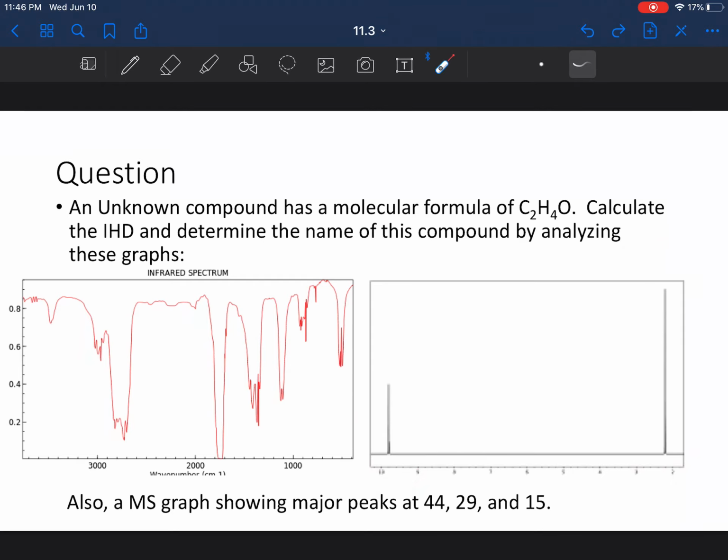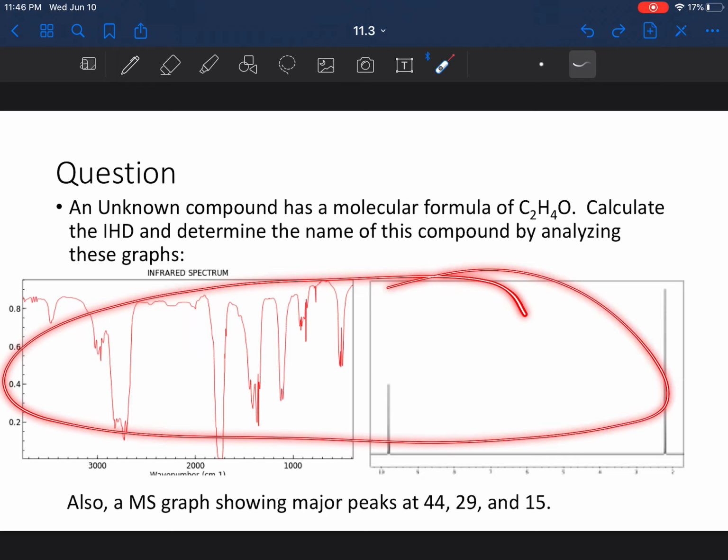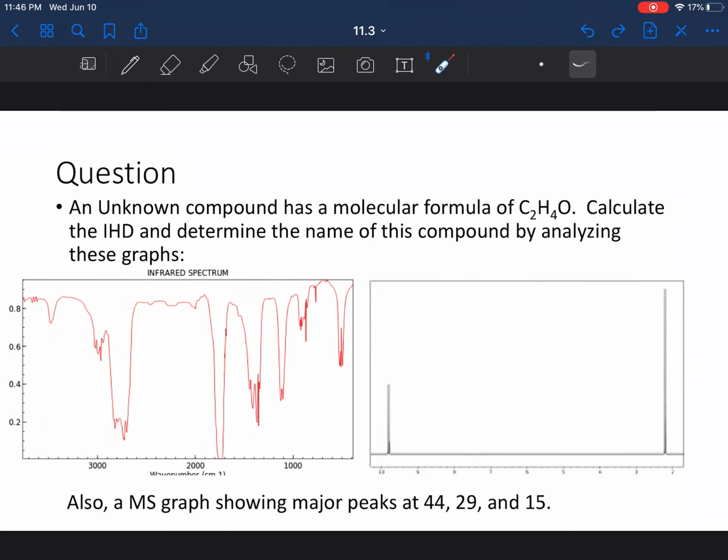Look at these hydrogens' environment. With these two, you should be able to come up with something and fragment it to see if these two numbers make sense and see if you're right.